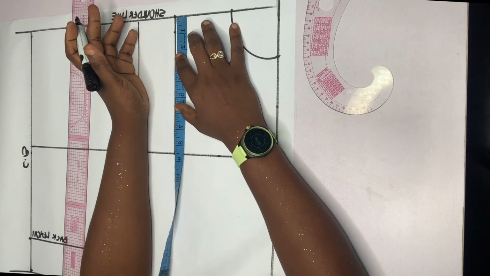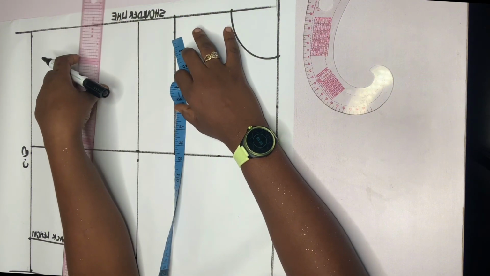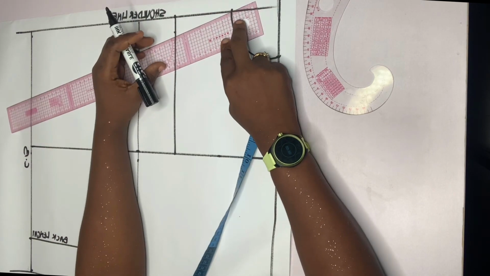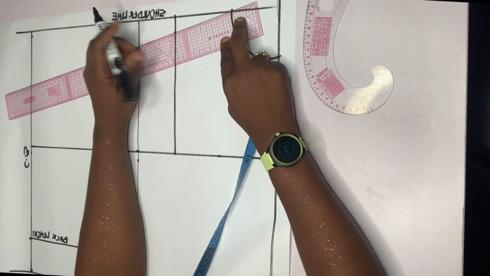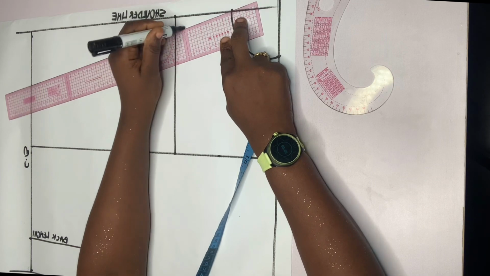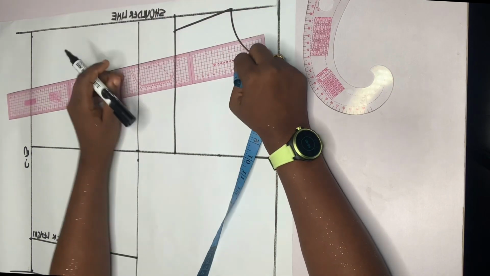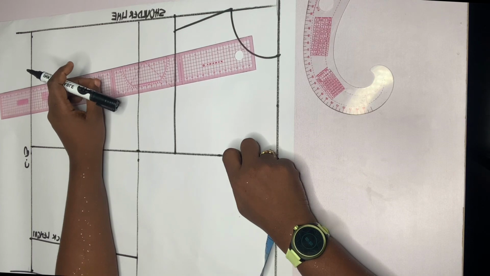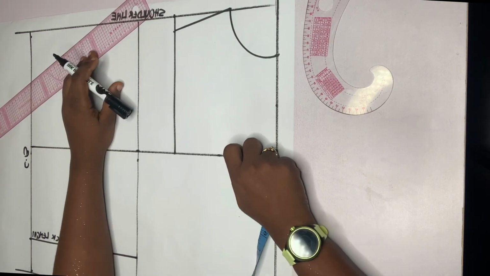So the next thing is for us to mark out our shoulder slope. Of course, our shoulders are not straight, and that's the essence of this slope, so that there will be a balance on our shoulder line. So I'll mark out 1 inch on that point and then connect to my neck width.